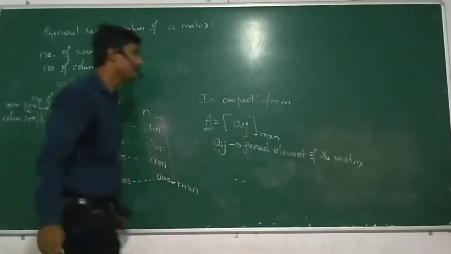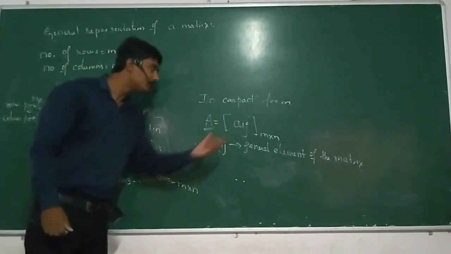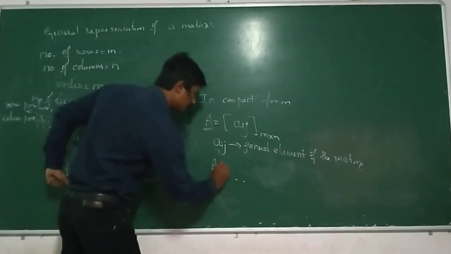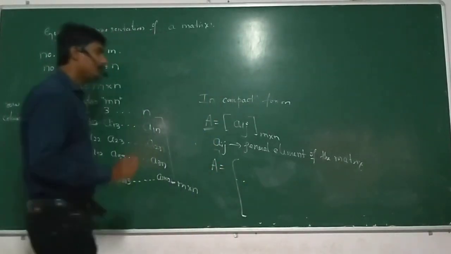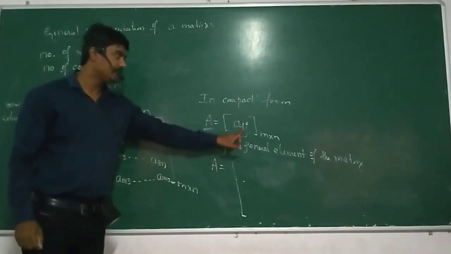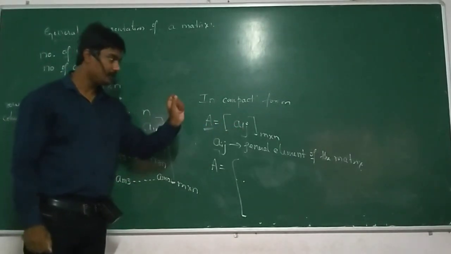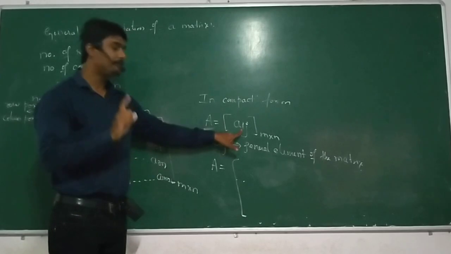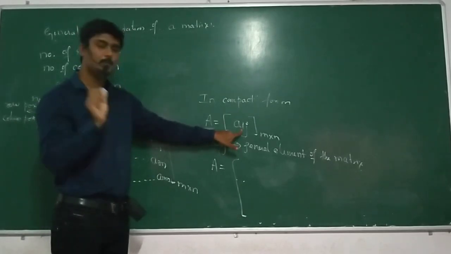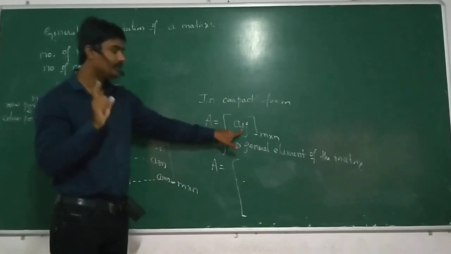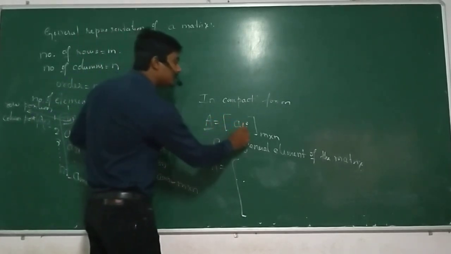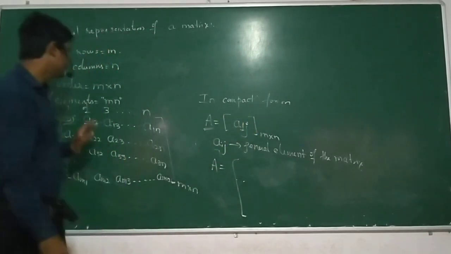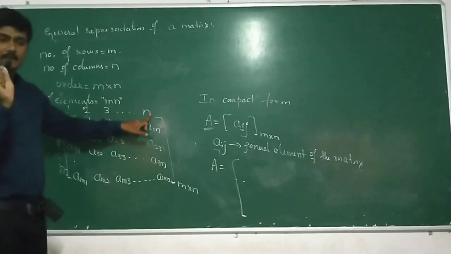Now you may be thinking, sir, how is this aij going to represent all the elements present in the matrix? Now observe. If you want to write down the elements present in the first row, you fix the i value as 1, because i denotes the position of the row. I want to write down the elements of the first row, so I fix the i value to 1 and go on varying the j value from 1 to n. j represents the column position.